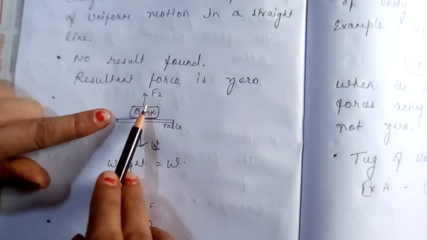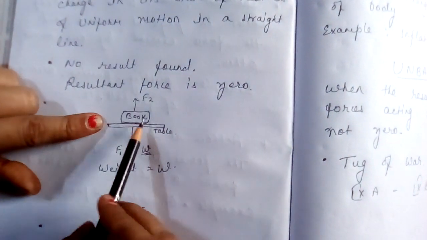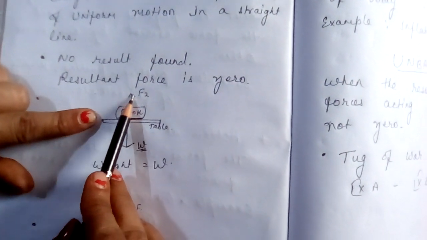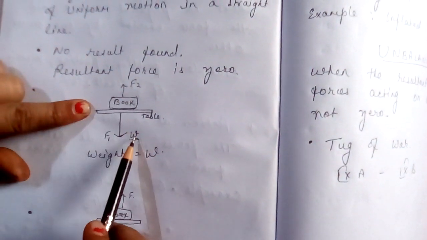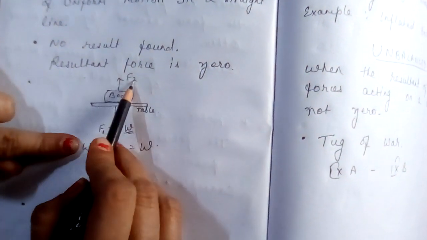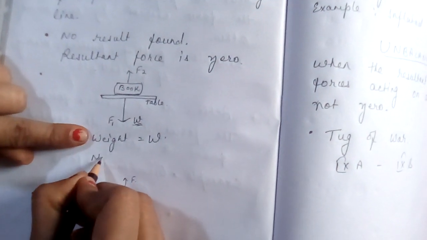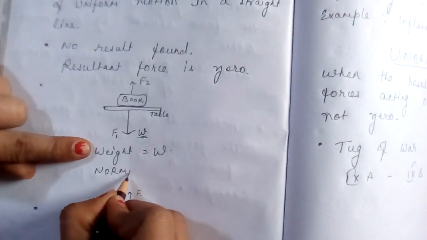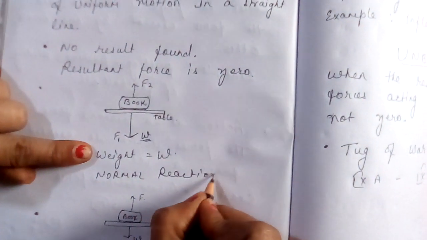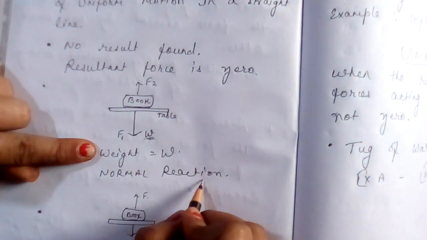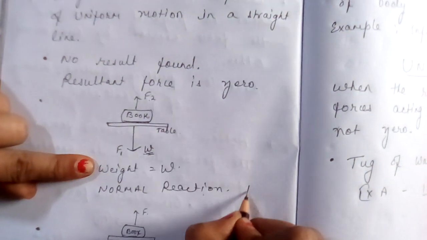Now, there is another force which is exerted upwards by the surface, in the perpendicular direction to this weight. This is known as normal reaction. I have represented this normal reaction by the force F2, and weight is represented by F1.